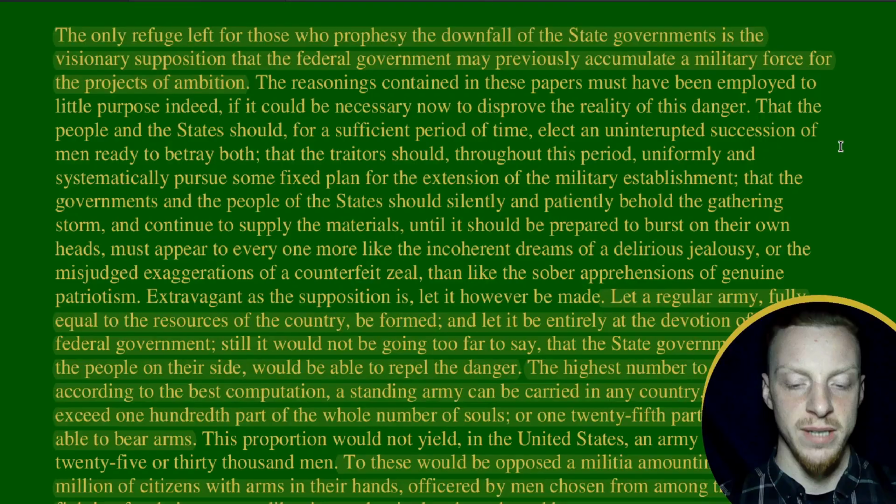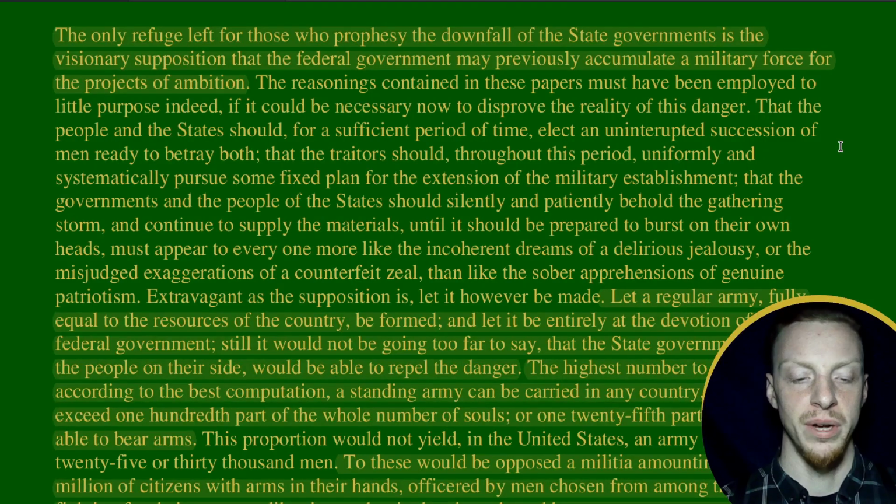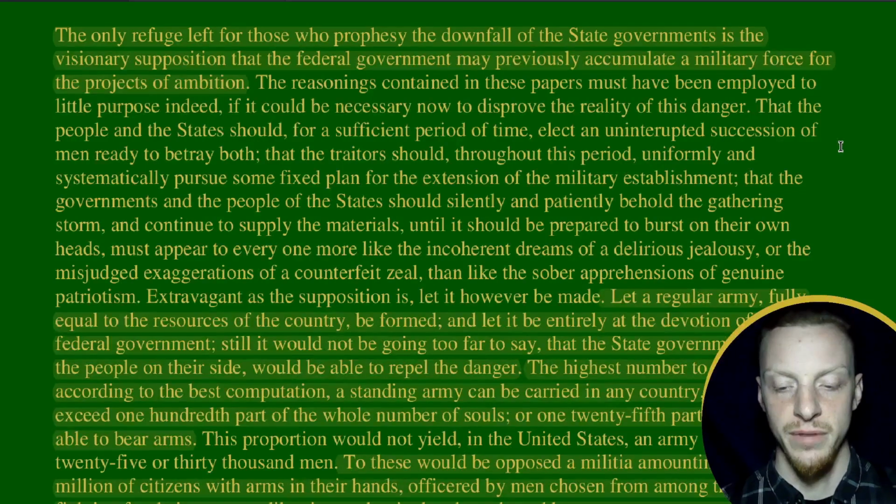The reasonings contained in these papers must have been employed to little purpose indeed, if it could be necessary now to disprove the reality of this danger.